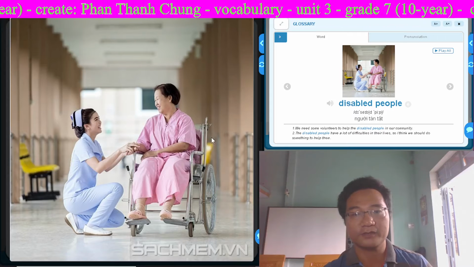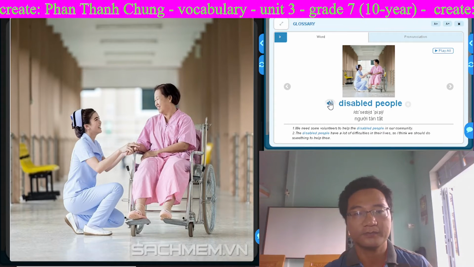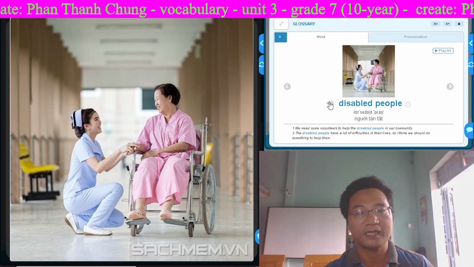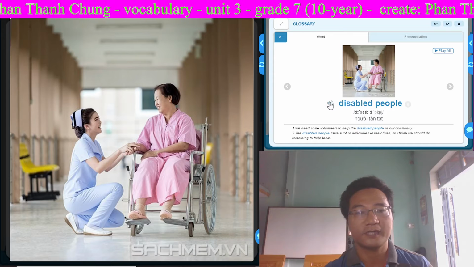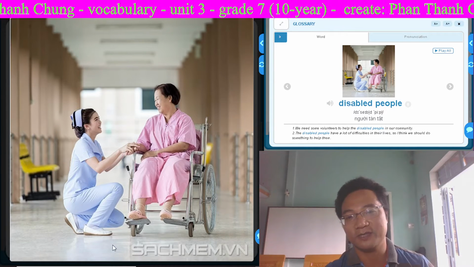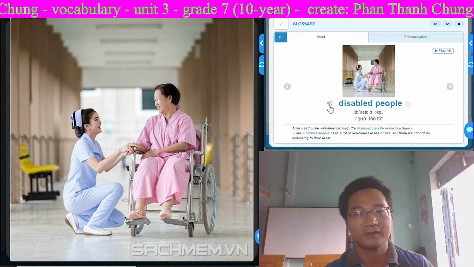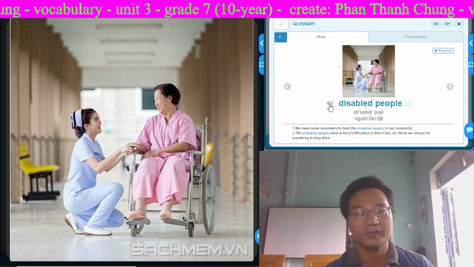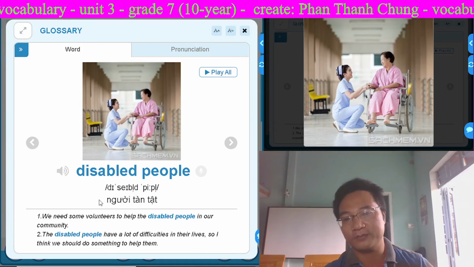You look at the picture and listen. Disabled people, disabled people. Look at the picture and you note the meanings is người tàn tật. Okay, so you look at example.